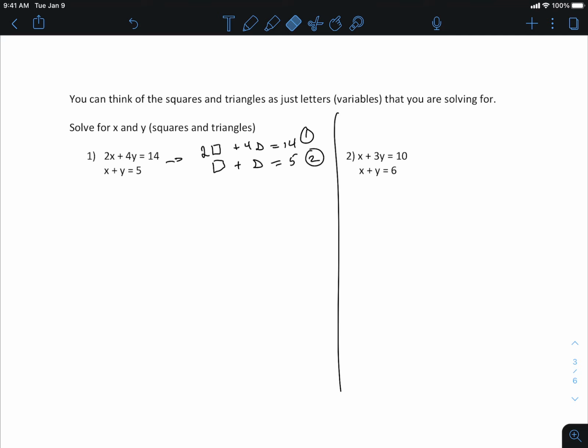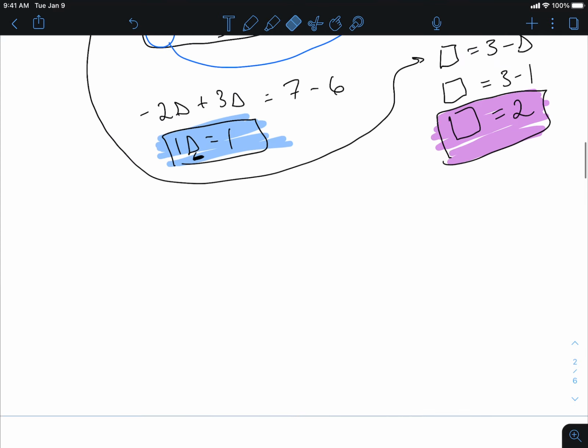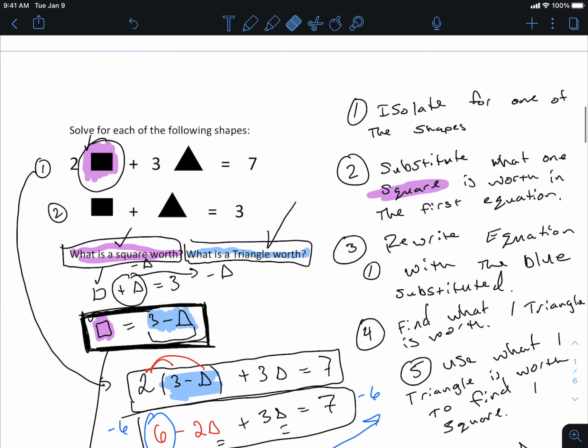So if I rearrange for a square or a triangle, it doesn't matter. We can arrange for the triangle too. Again, I want to deal with the one that's easiest, right? Step 1 said find the easiest one.